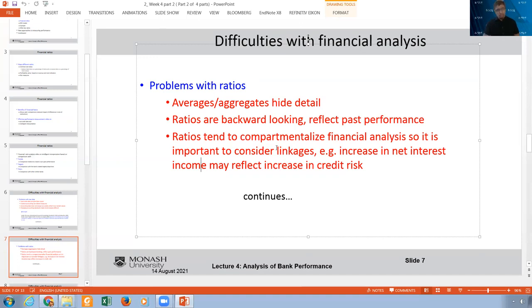Because each group of ratios looks at a certain area in our performance, we cannot actually merge everything. So this is one of the other things that we talk about when we talk about the compartmentalization of the financial ratios.